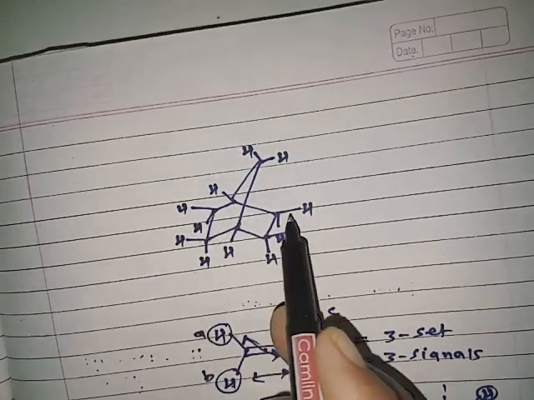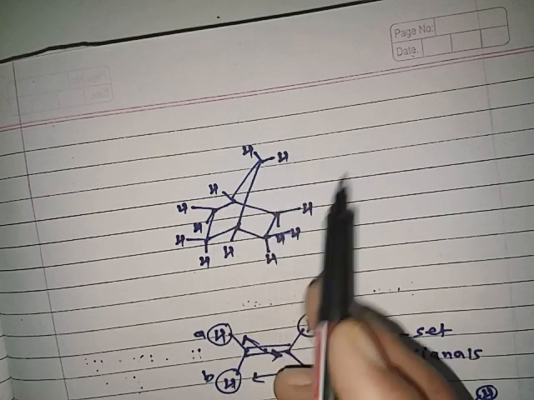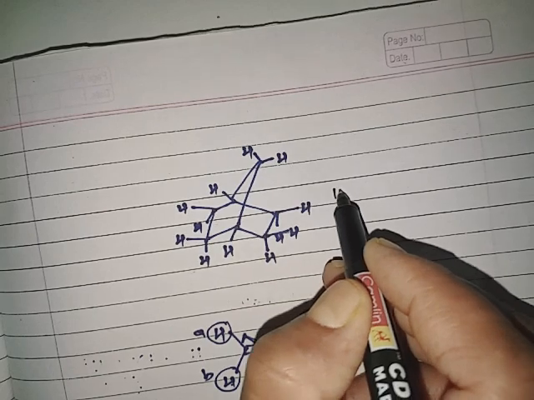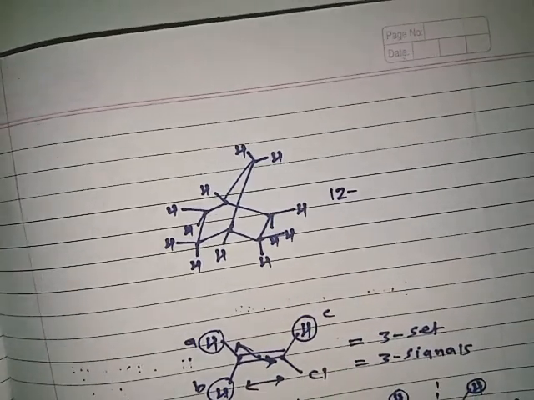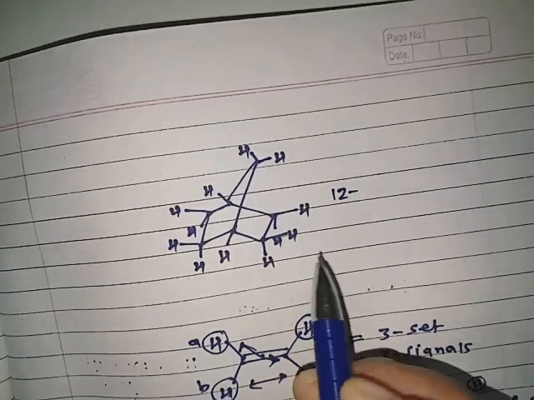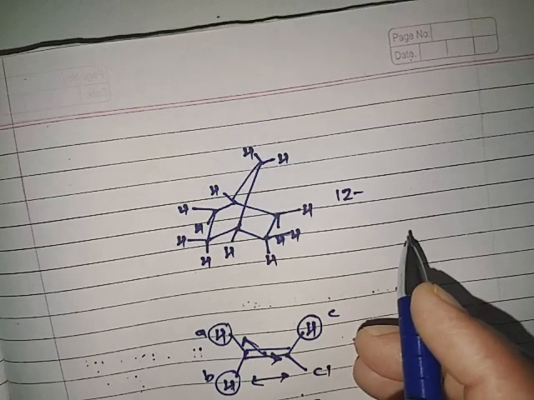So we have 4, 4, 8, 9, 10, 11, 12 protons. There are 12 protons. Out of these 12 protons, all are not identical.